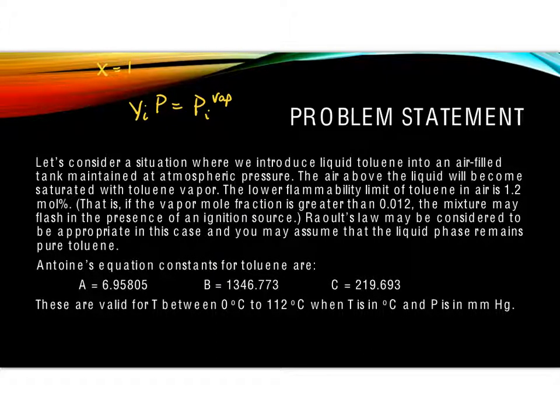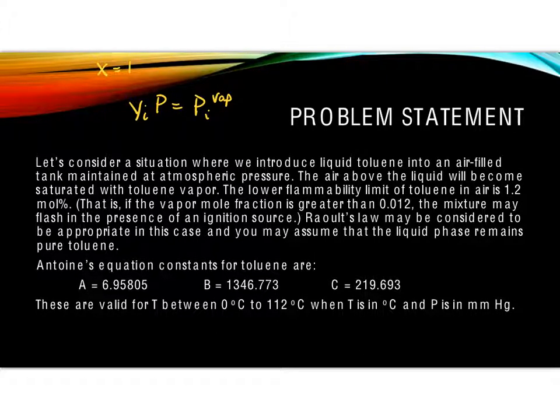And if you don't have enough toluene, it's not going to catch fire. So there are upper and lower flammability limits in terms of percentage of, in this case, toluene in the air. Between that upper and lower limit, you have a flammable mixture. But if I can keep the mixture below that lower flammability limit or above the upper flammability limit, then I'm actually safe. I don't have to be too concerned about sparks and so forth.